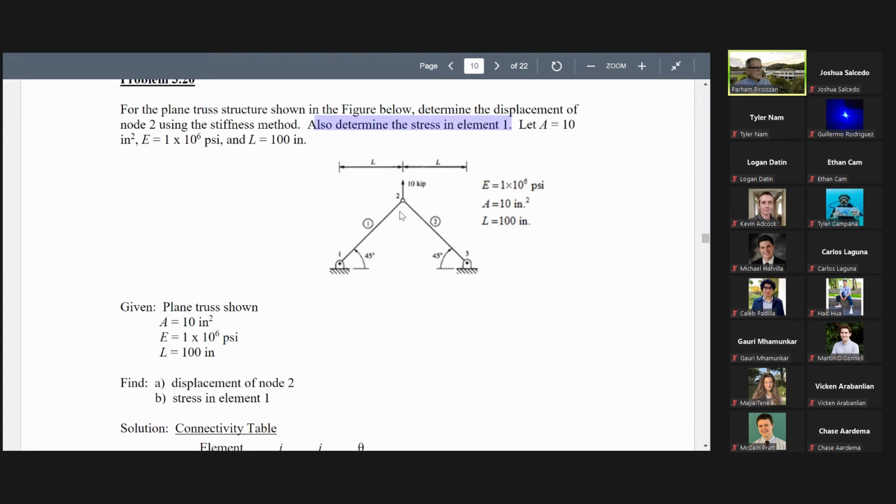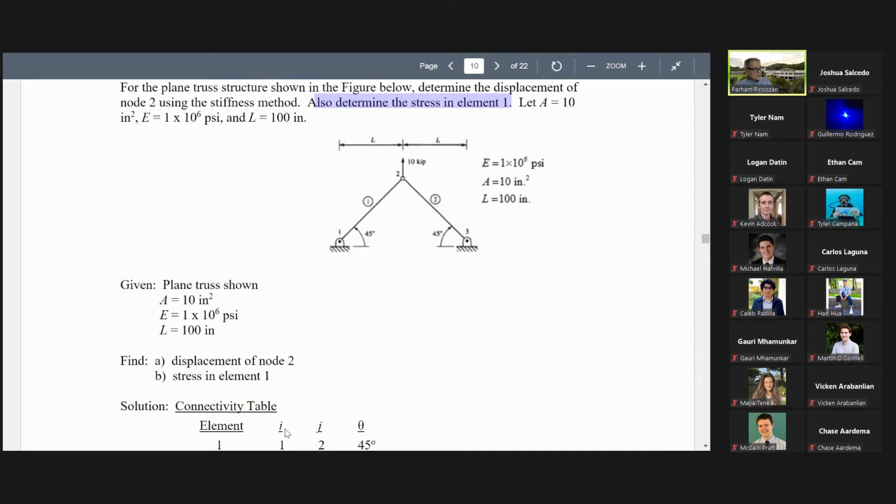Look at this one. Create the connectivity table. Connectivity means from node I to node J. Look at this one: I, J, angle theta. These are the items I need. Node I, node J, angle theta. Element 1 goes from node 1 to 2.